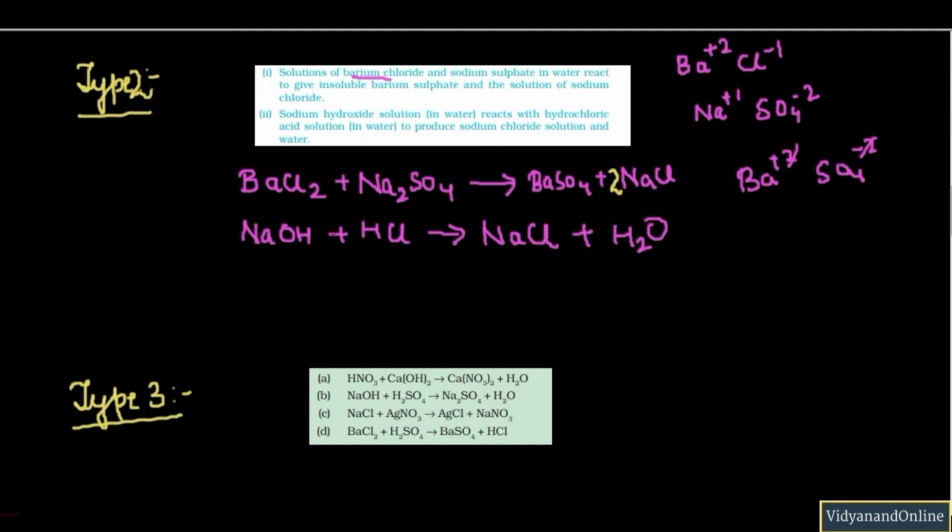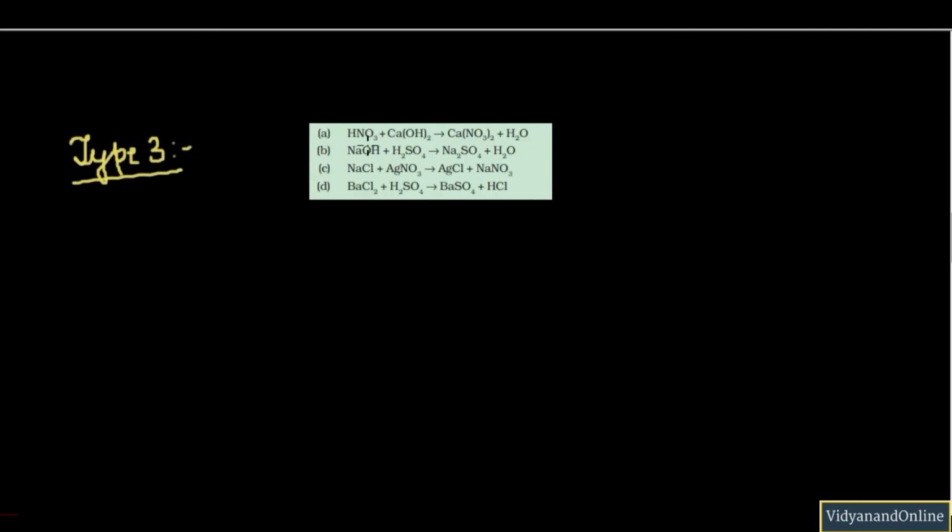Okay. Now going to type number 3. In type number 3, the formulas and symbols are already written, so we will start to balance right away. Talking about calcium, it is already balanced. Now NO3, nitrate, you can see it's 2 here. So if I put 2 here in order to balance nitrate, then nitrate will be balanced.